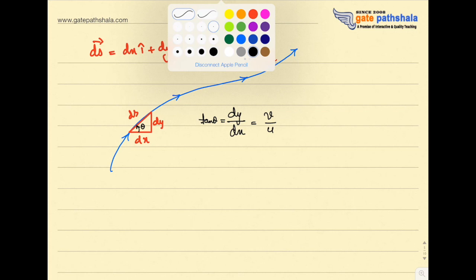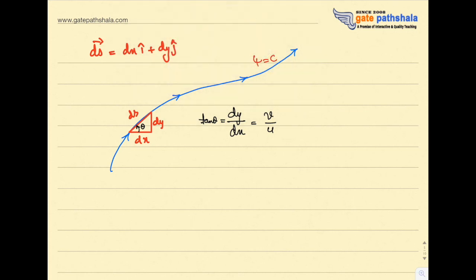And if I draw a vector over this, and I define this as u and this as v, this vector, by definition, should be the velocity vector.